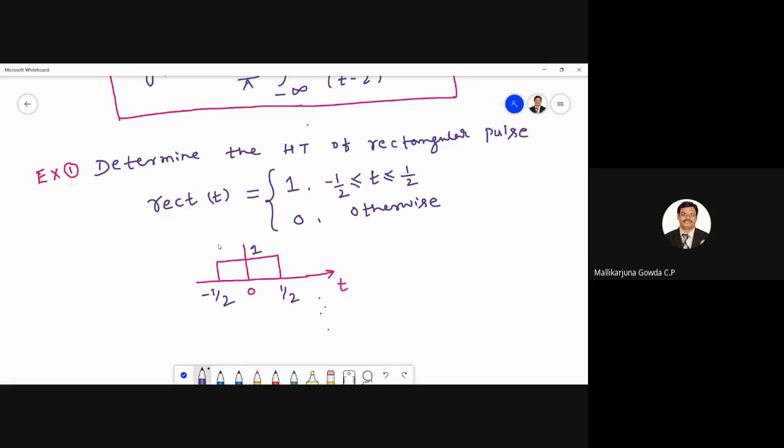So this is my rectangular pulse, rect of t. Yes, try finding. Use your knowledge of mathematics. Use whatever convolution integral I said, and you can find it out.